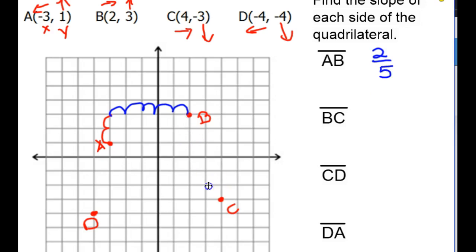From B to C, we're going down, so it's going to be negative. We're going down 1, 2, 3, 4, 5, 6. So negative 6 over 1, 2. Negative 6 over 2 can be simplified to negative 3. Now we're going from C to D. We're going downhill again, so it's still going to be negative.